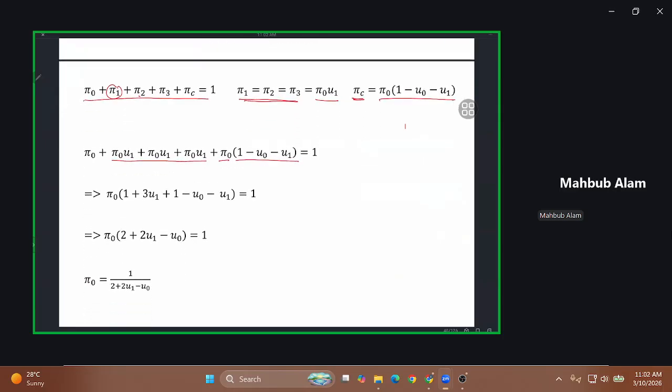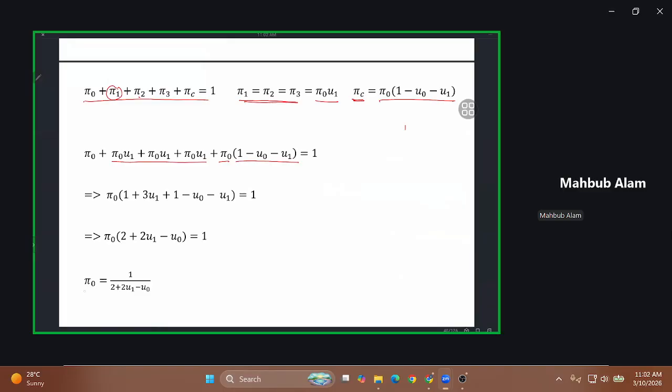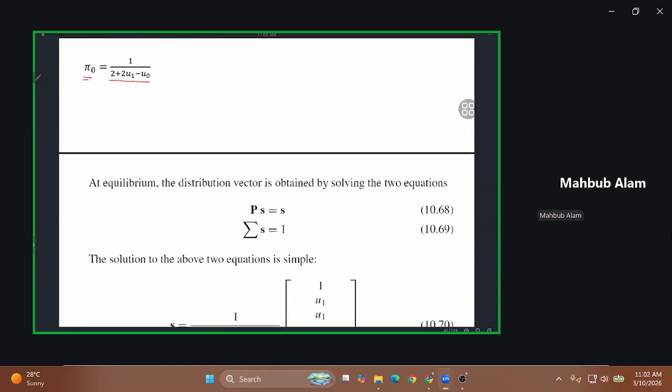Solving this equation will result in pi naught equal to 1 over 2 plus 2 u1 minus u naught. So the similar result is found in the text.